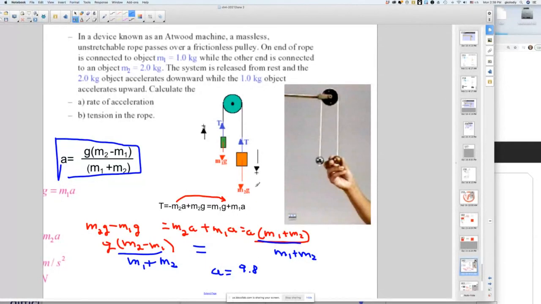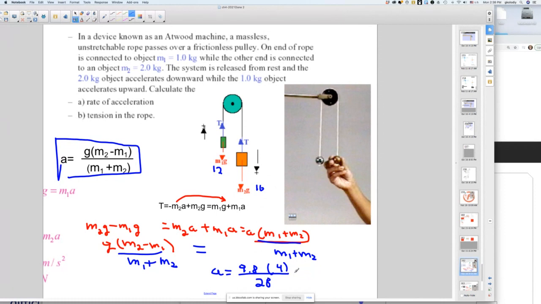What's M1 minus M2? Remember, this was 16, this was 12. So M1 minus M2 is 4. What's M1 plus M2? Well, 12 plus 16, it's 28.